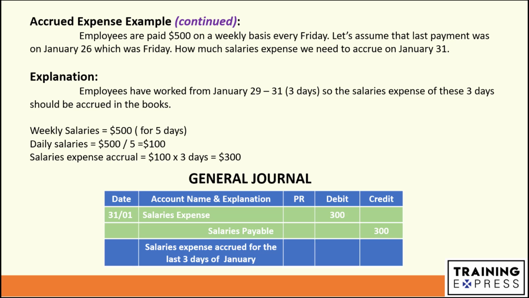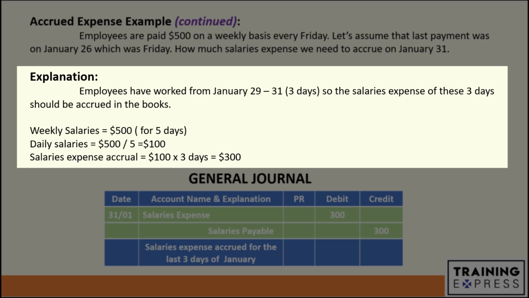Continuing with the same example, look at the explanation. Employees have worked from January 29 to January 31, 3 days. So the salaries expense of these 3 days should be accrued in the books.